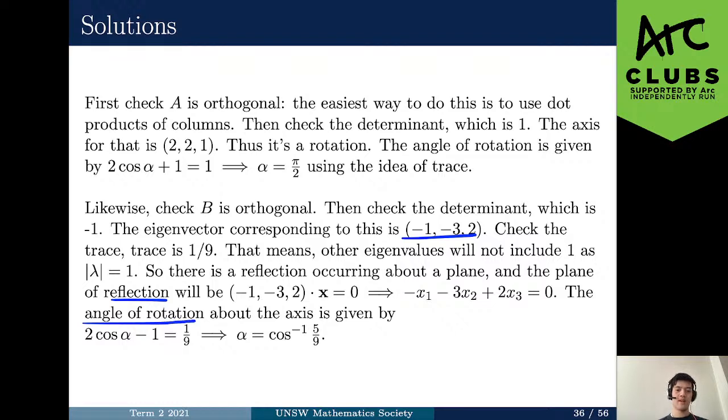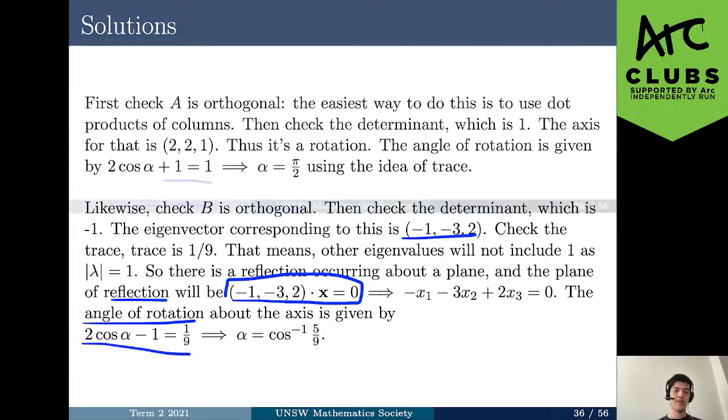So this is the eigenvector corresponding to -1. We first have a reflection about the plane given by that axis. So it first is reflected about it, and then we have a rotation about that same axis, and the angle of rotation is given by this.